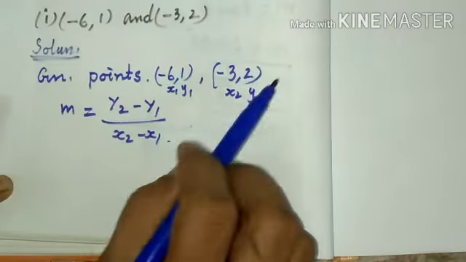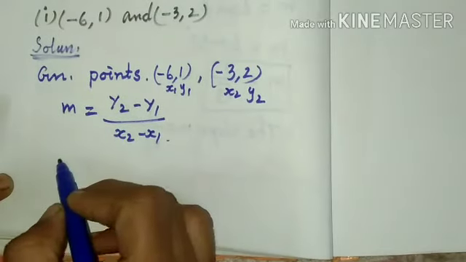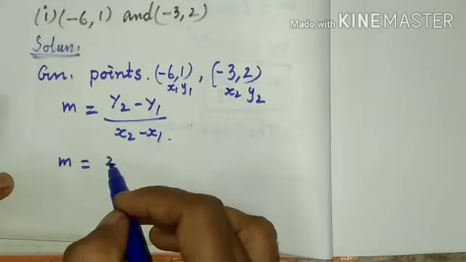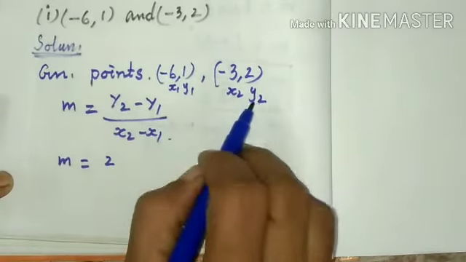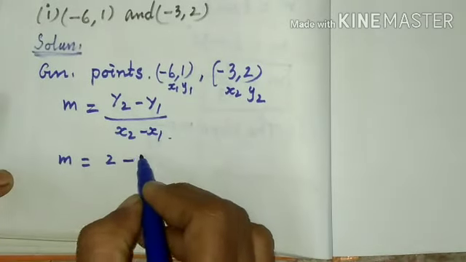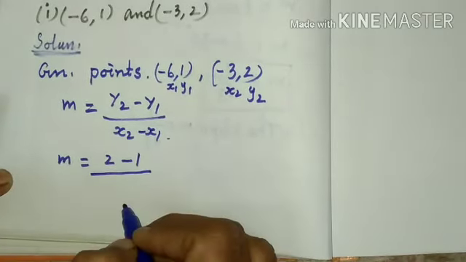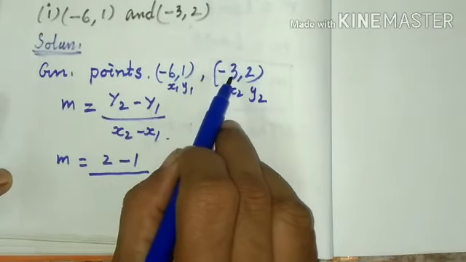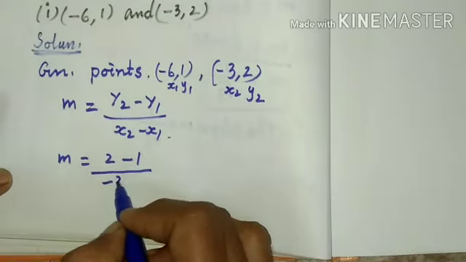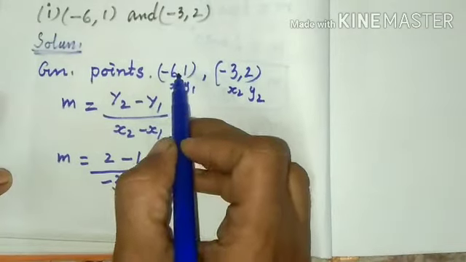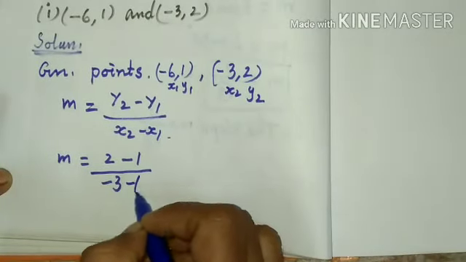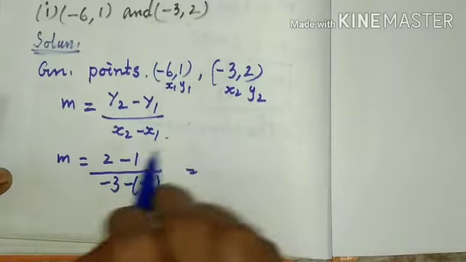Now substitute these points in the formula, that is m is equal to y2 minus y1, that is 2 minus 1 divided by x2 minus x1, minus 3 minus of minus 6.